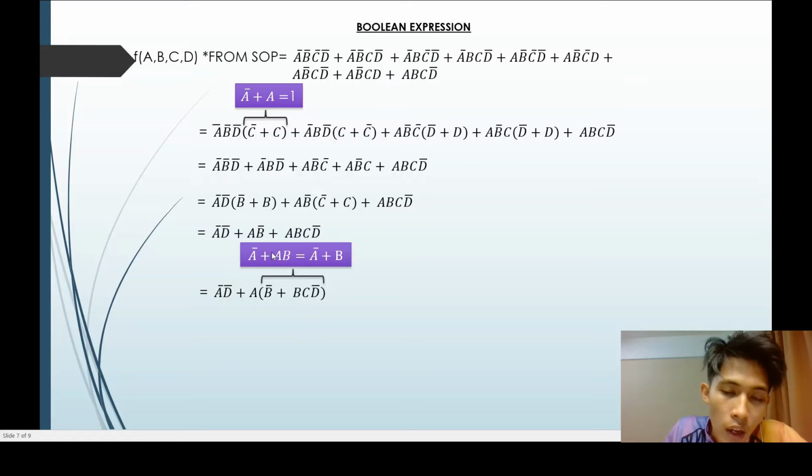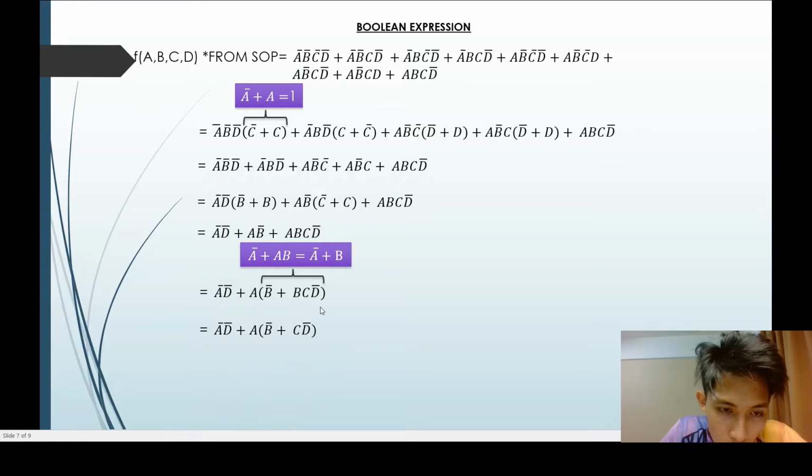So for example, this one is A plus A bar times B. So the A here will be eliminated, which means the final will be A plus B. So for this situation, we can see here is B bar plus B. So the B at the right side is not bar, so the B at the right side will be eliminated, following the Boolean algebra rules.